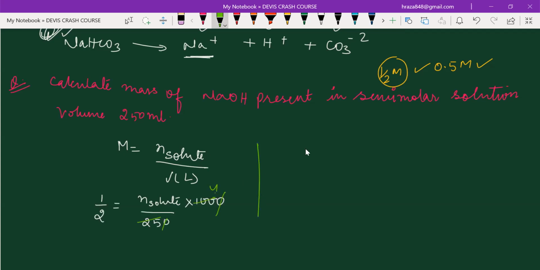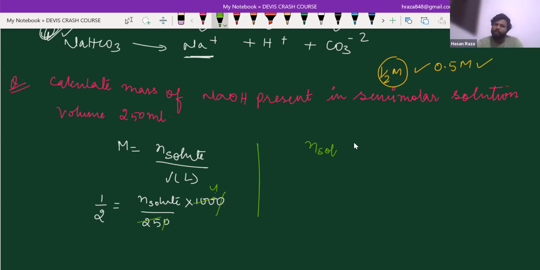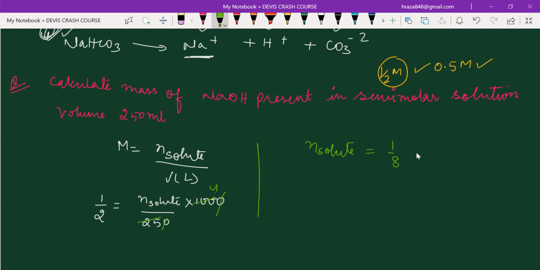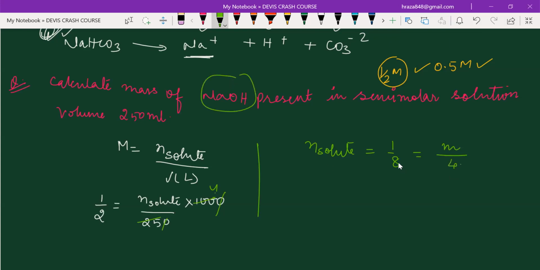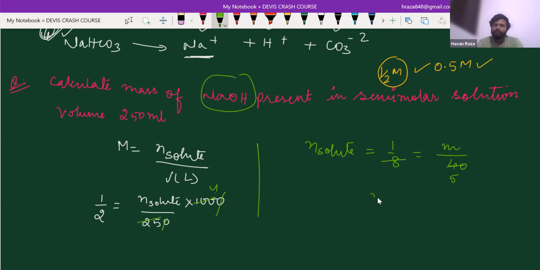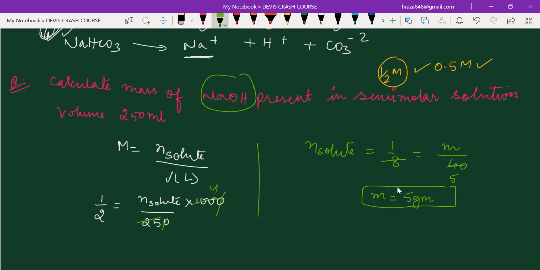So basically number of moles of solute is 1 by 8, right? Given mass upon molar mass. Do you know the molar mass of NaOH? 40. So the mass is 5 gram, right? It's 5 gram.